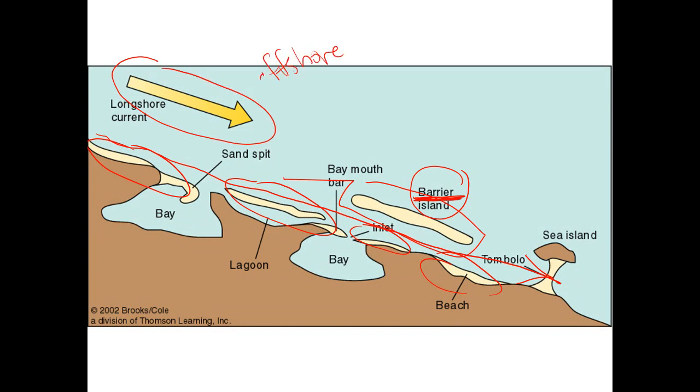If it's moving it offshore, then that means you have less erosion in all of our bays and it protects us. So barriers are good. They act as a protective mechanism, moving the longshore current or the longshore bar further offshore.